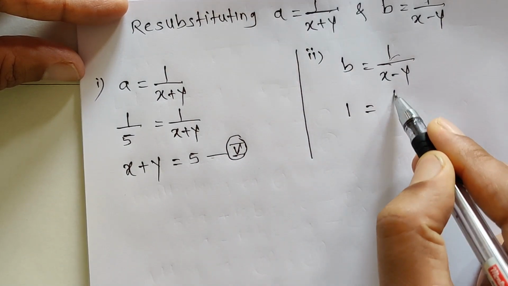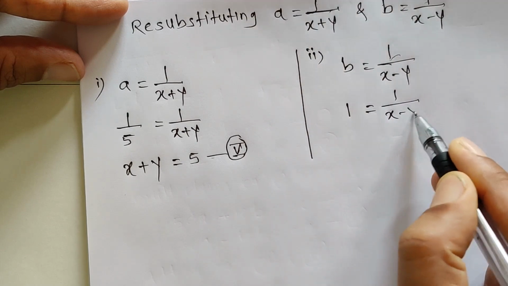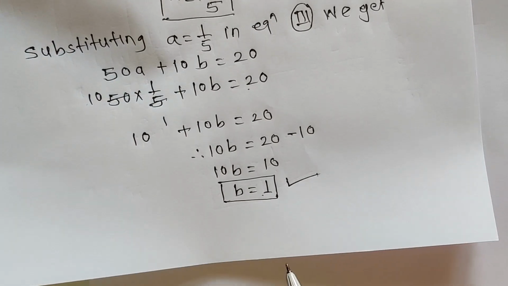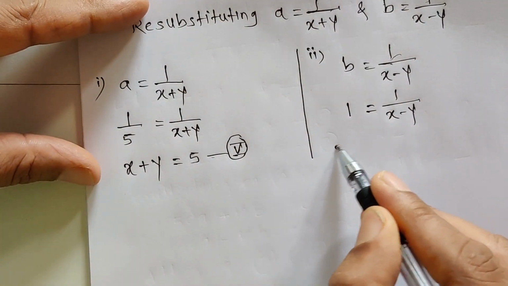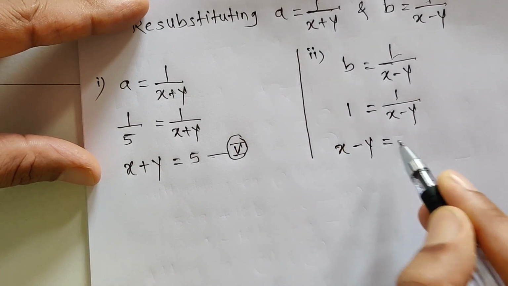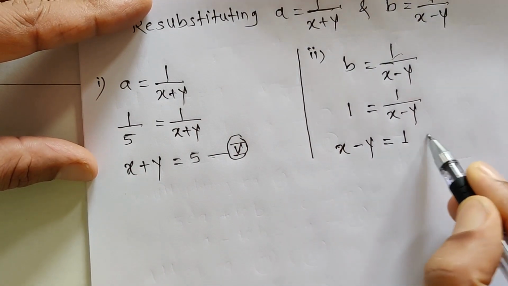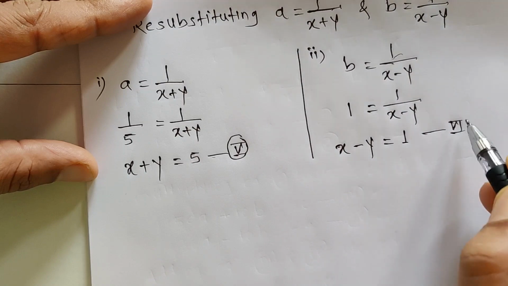So 1 is equal to 1 upon x minus y. Here we get the value of b, b is equal to 1. So resubstitute this value. So we get by cross multiplication x minus y is equal to 1. This is equation number 6.